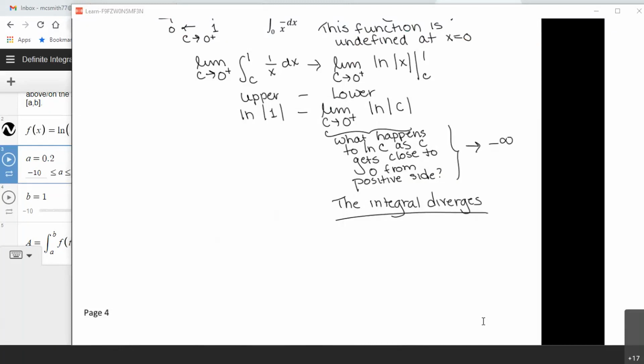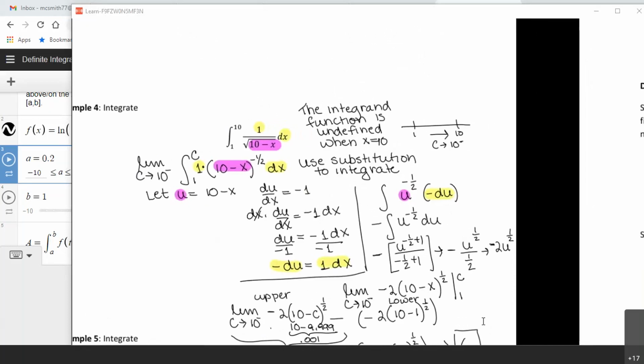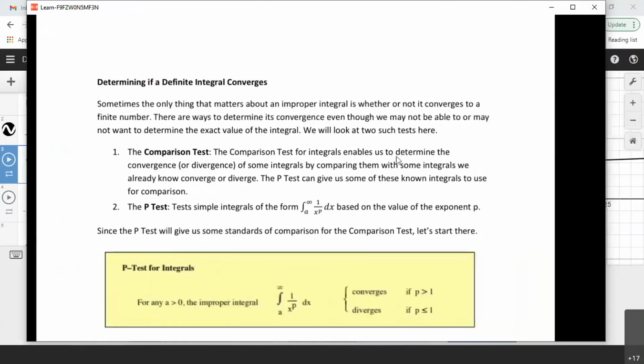The last thing I want to show you with improper integrals are tests that will help you decide whether a given integral should converge or not. Sometimes the only thing that matters is, can I get a finite number out of this? And you can decide whether or not something's convergent, even if you don't want to determine the exact value. Like, for example, say you're the company that's being fined by the EPA for dumping things into a river.